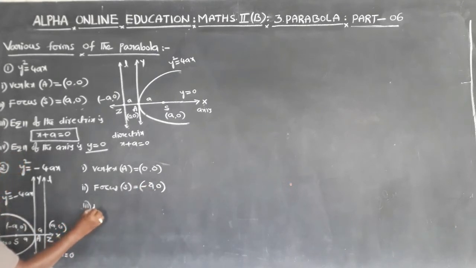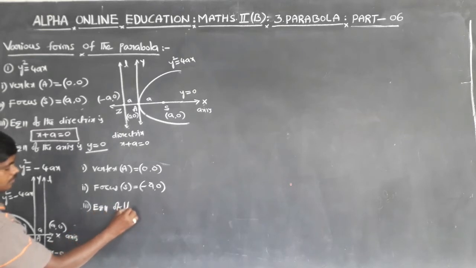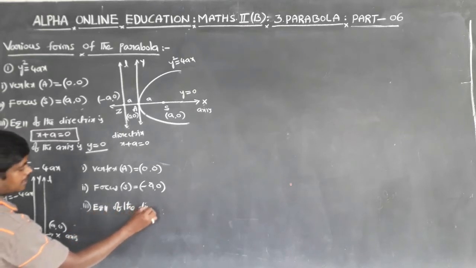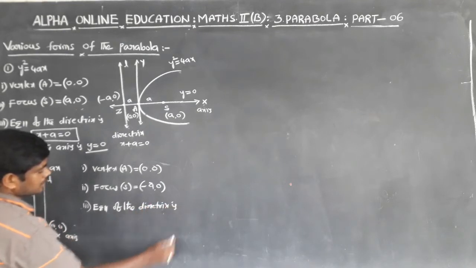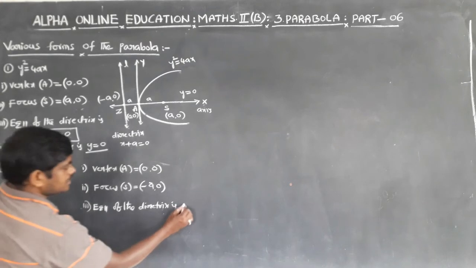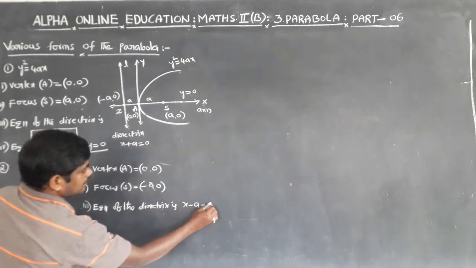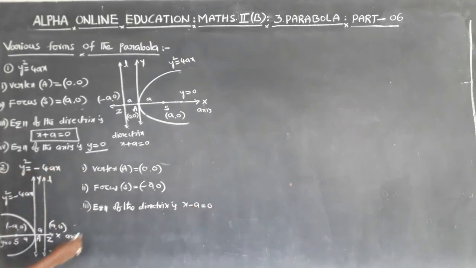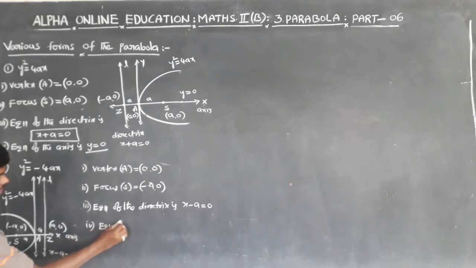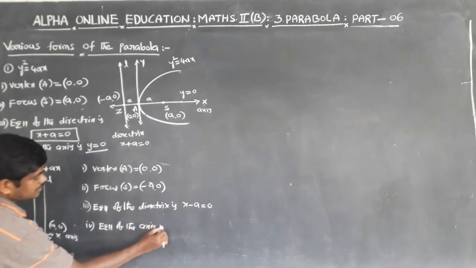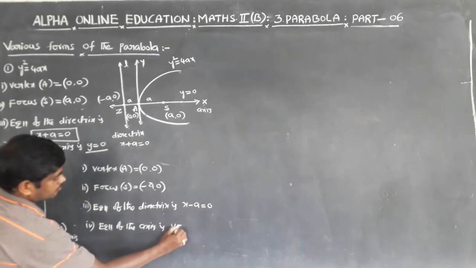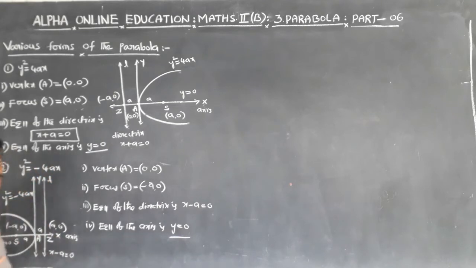Third one is equation of the directrix. Equation of the directrix is x minus a is equal to 0. Fourth one is equation of the axis is y is equal to 0.